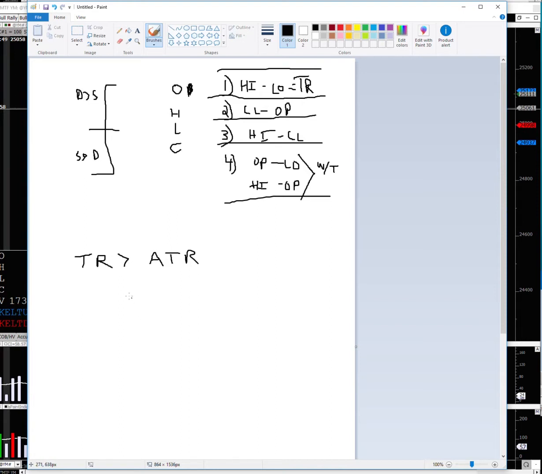And if you want to get bigger numbers, you increase it by, let's say, 1.3 times ATR. This will identify a big bar, or not that big, but above average, and many signals will have this component.